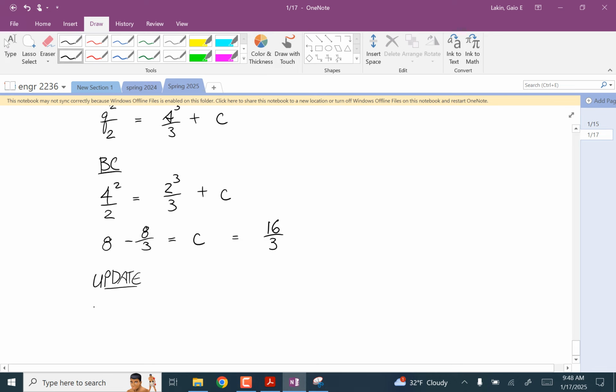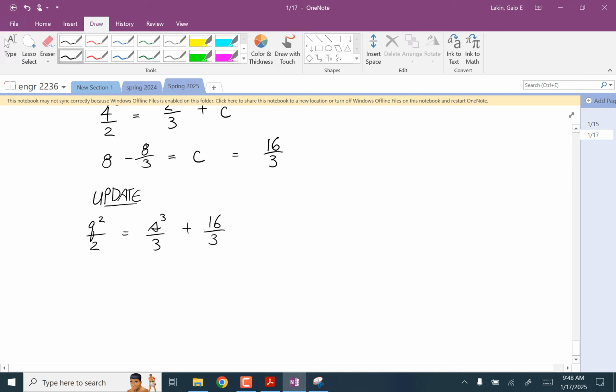Now update the function and you get Q squared over 2 is equal to S cubed over 3 plus 16/3. And now it's just a matter of expressing that in a function form. So Q squared is equal to 2s cubed over 3 plus 32/3.